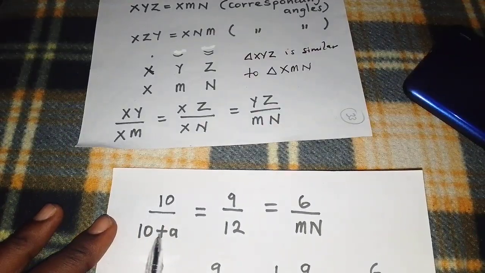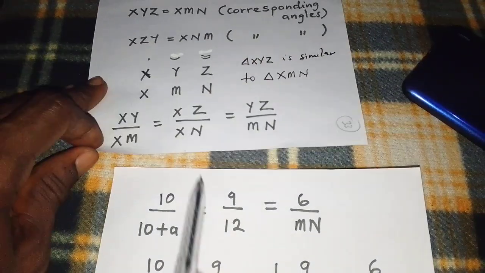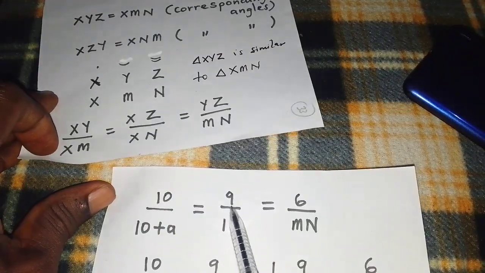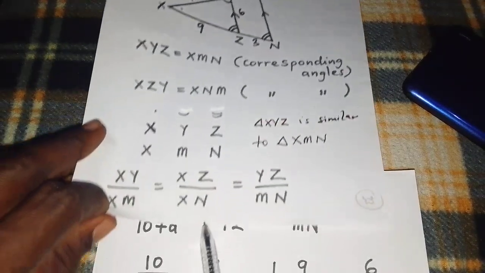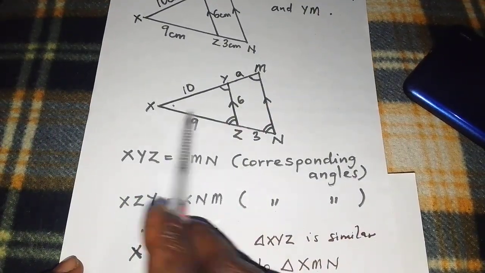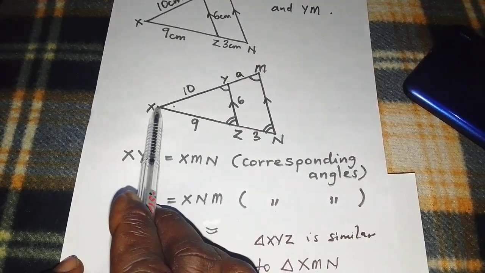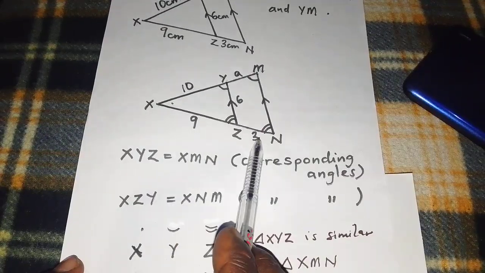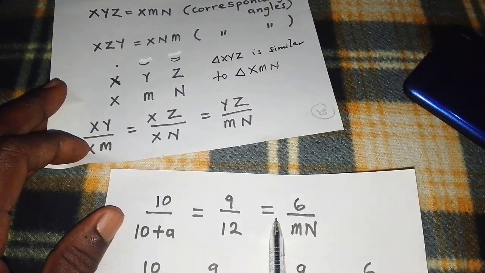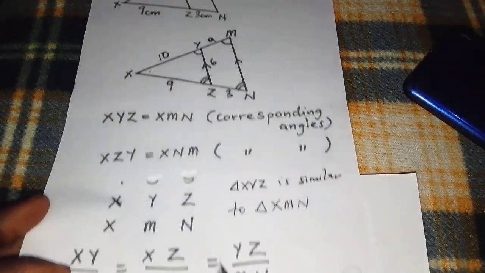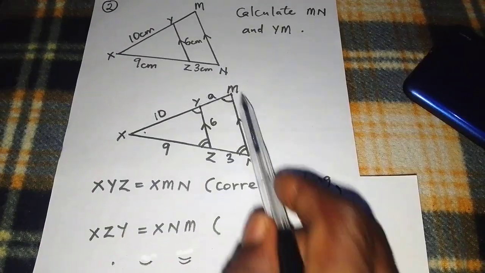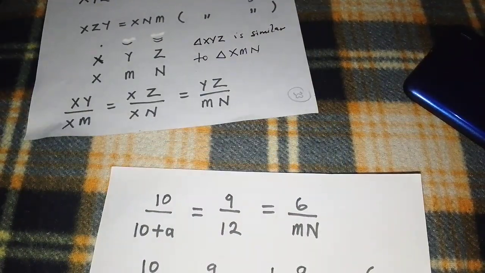That is why you have 10 over 10 plus a equals our XZ, which is 9, over our XN, which will be 9 plus this 3, which is 12, equals YZ, which is 6, over MN. We don't know the value of MN, so we put MN.